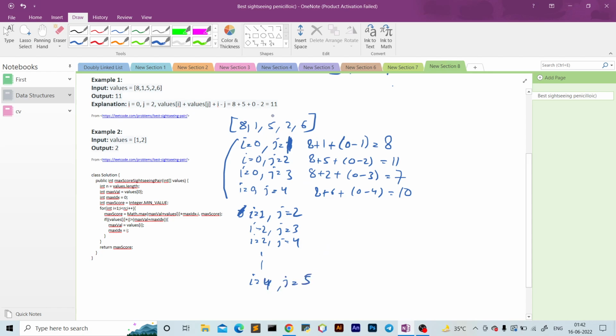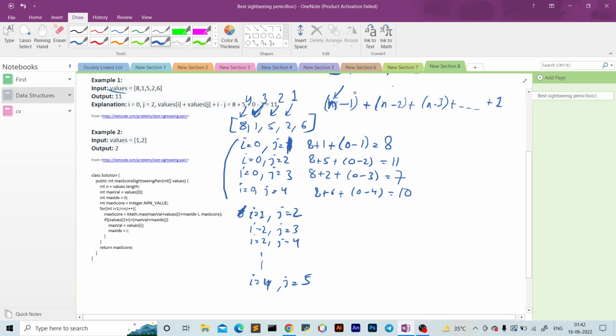So if we see, in the brute force approach we are requiring 4 calculations for this, 3 calculations for this, 2 calculations for this, 1 calculation for this. So in a way this is something like n minus 1 plus n minus 2 plus n minus 3, so on till 1, where n is the length of the values array, which is in this case 5.